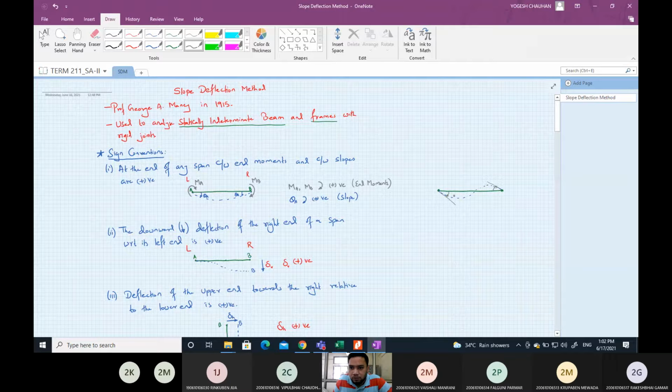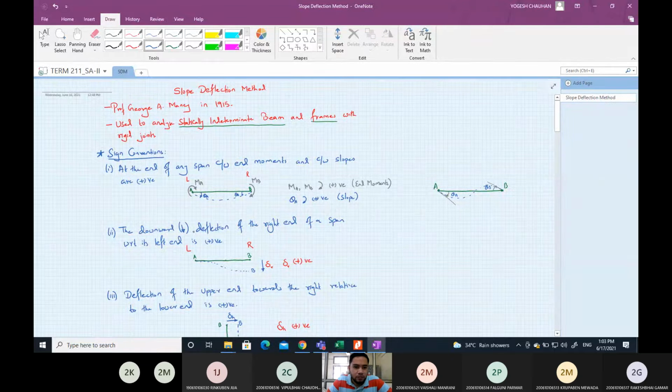So these are taken as positive. If this is A, this is B, and this is theta A and theta B, in this case theta A is positive as well as theta B is positive.